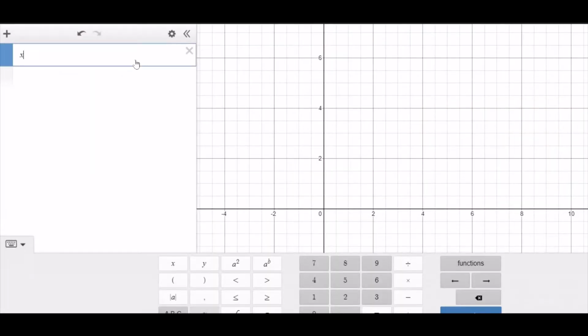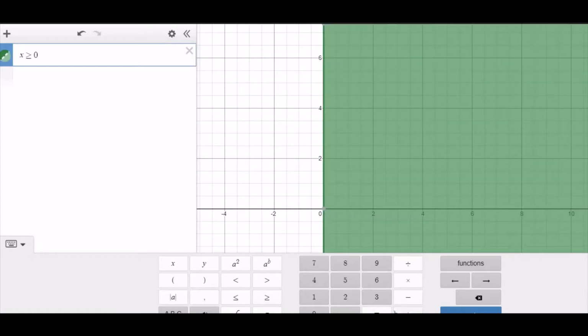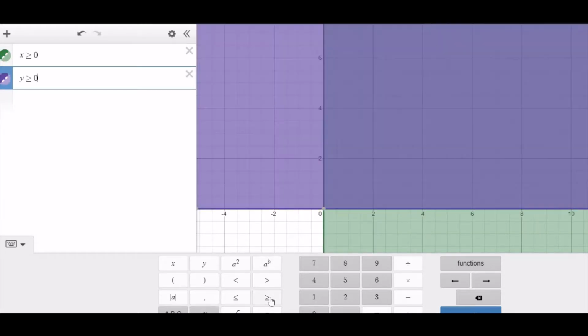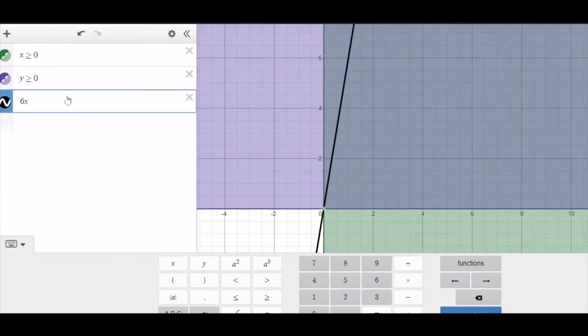So we were given x is greater than or equal to 0. We have y is greater than or equal to 0. We have 6x plus 5y is less than or equal to 30.